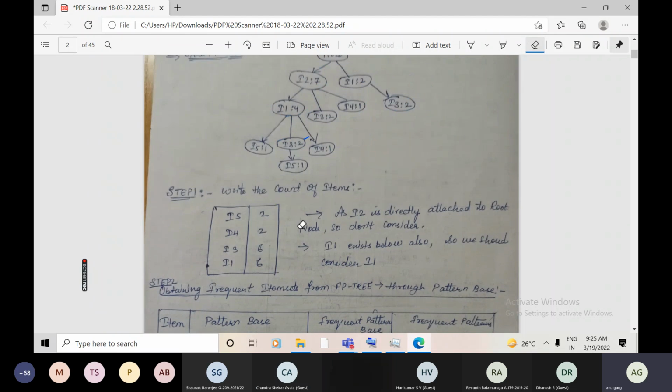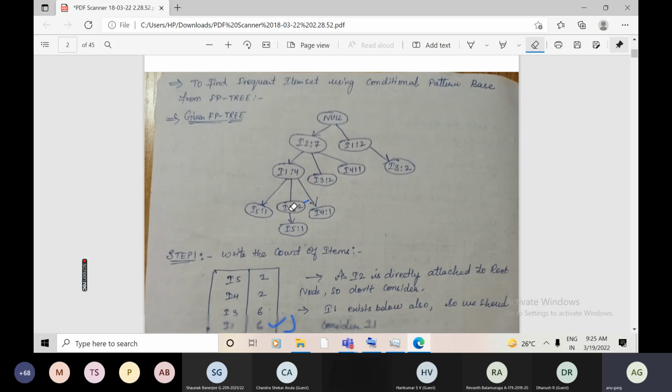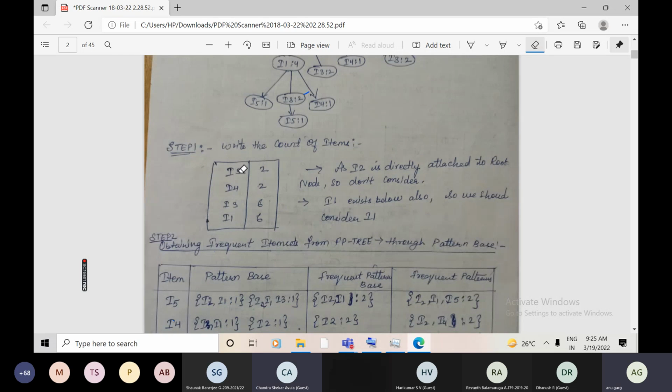It is only from this FP tree that we are going to mine the frequent patterns. One of the steps in the algorithm is that whichever element is directly connected to the root, you're not supposed to consider that while writing the count of the item.